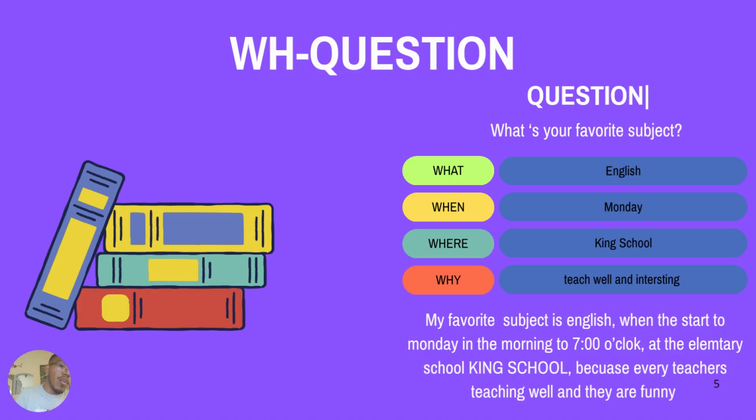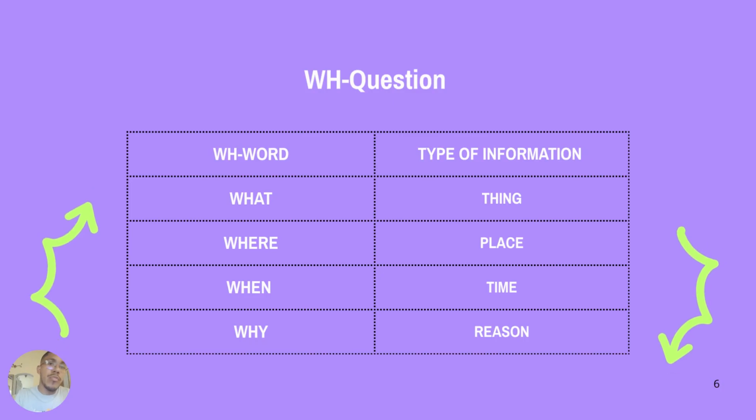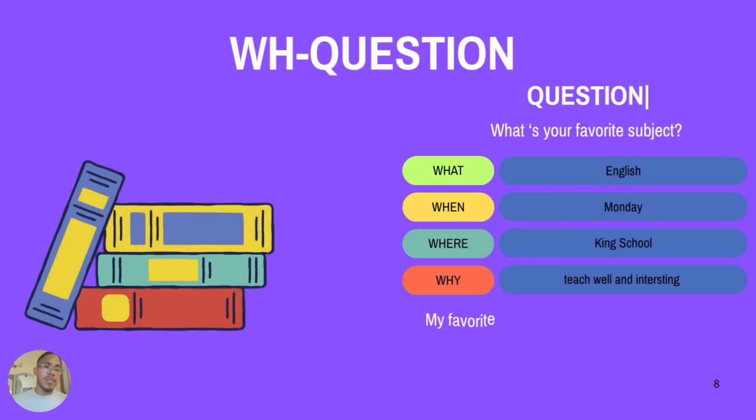When you create W questions and respond to them, you take all the information: what, thing; where, place; when, time; and why, reason.